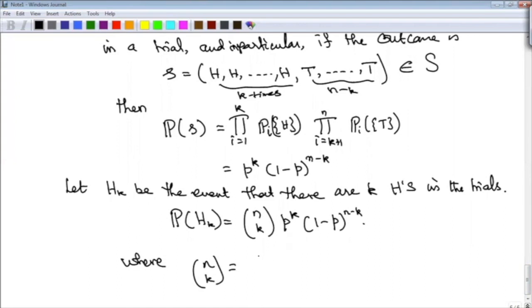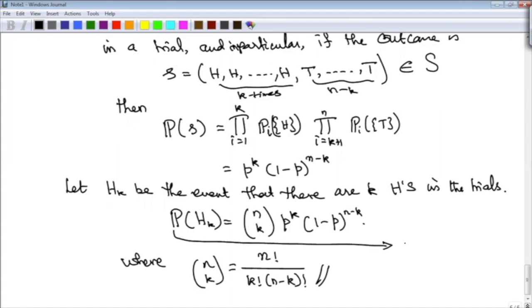That is a very familiar notation, given by n factorial over k factorial into n minus k factorial. Okay, so these are the binomial coefficients, and this probability is called the binomial probability.